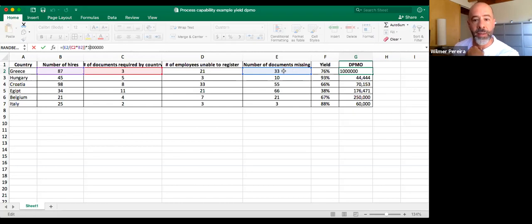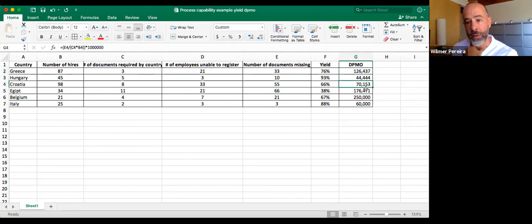So in this case it is 33 divided by the number of opportunities per unit, which is the number of documents required by country, C2, times the number of units, which is the number of hires, B2, and all of that multiplied by 1 million. If we do that calculation for Greece, the defects per million opportunities is 126,000. Then we calculate all the others.